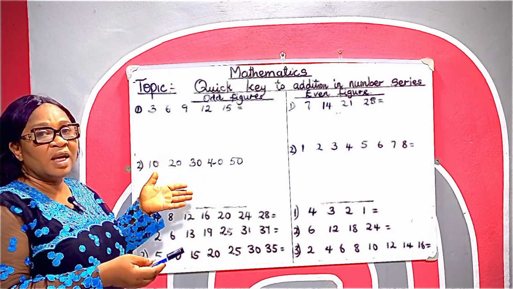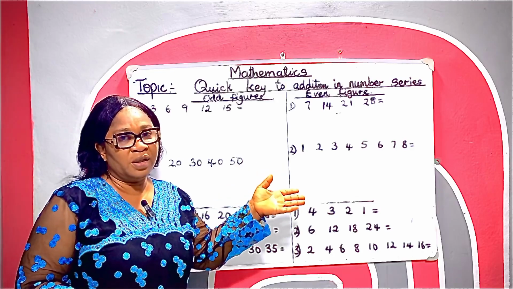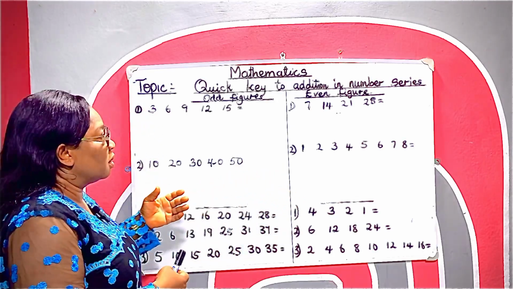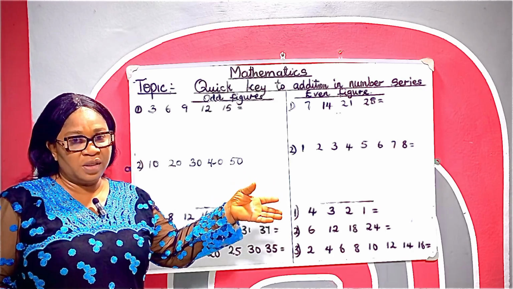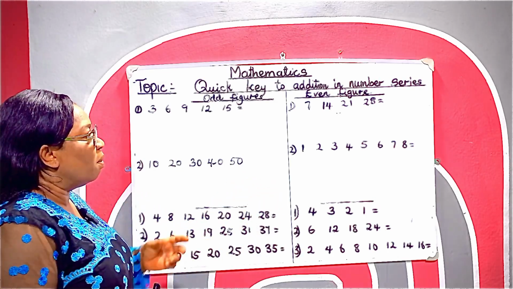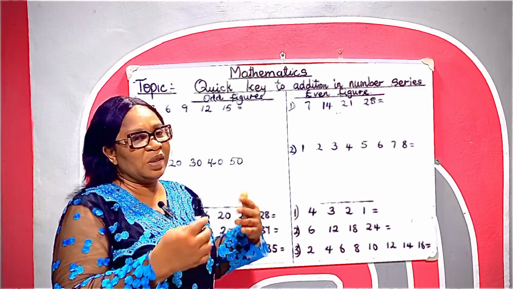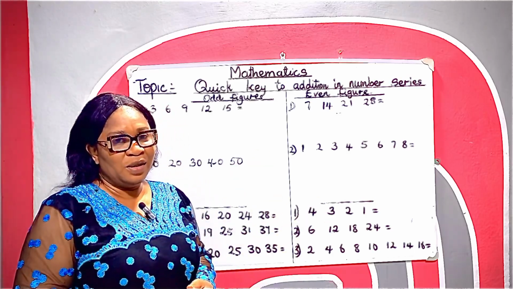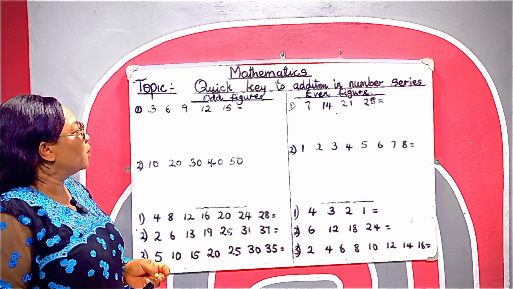In this quick key, I separated odd numbers and even numbers, because it's not the way you add the odd numbers that you add the even number series. The numbers must be in a series, not just any 1, 2, 3 numbers you pick.